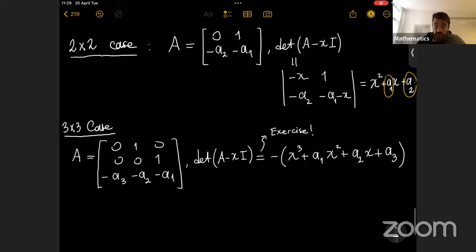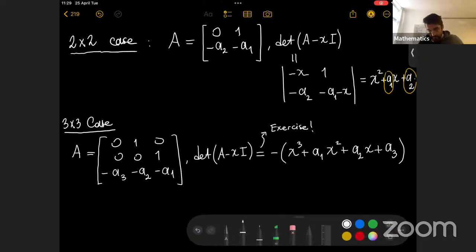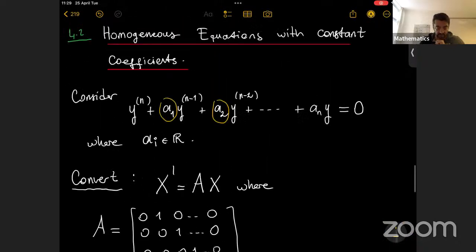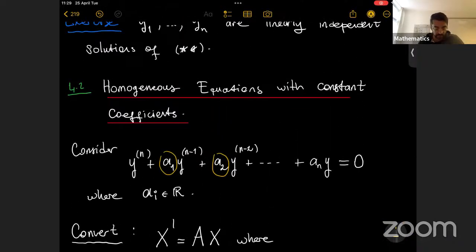Well, in general, again, like in the previous case, A1, A2, A3 are the coefficients of the original higher order ODE.